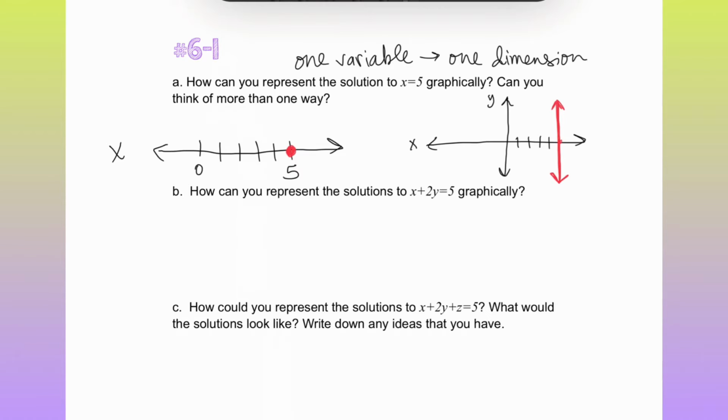Part B, representing our solutions to x plus 2y equals 5 graphically. So thinking about what we said before, 2 variables means I've got 2 dimensions that I need to represent. So I'm going to draw my xy axes again.